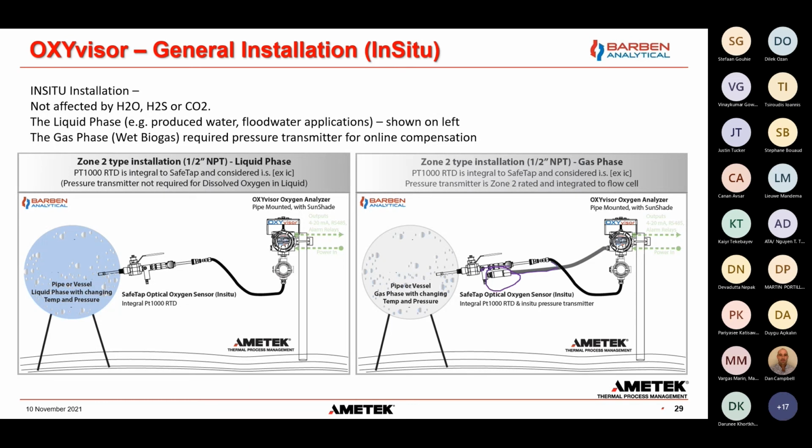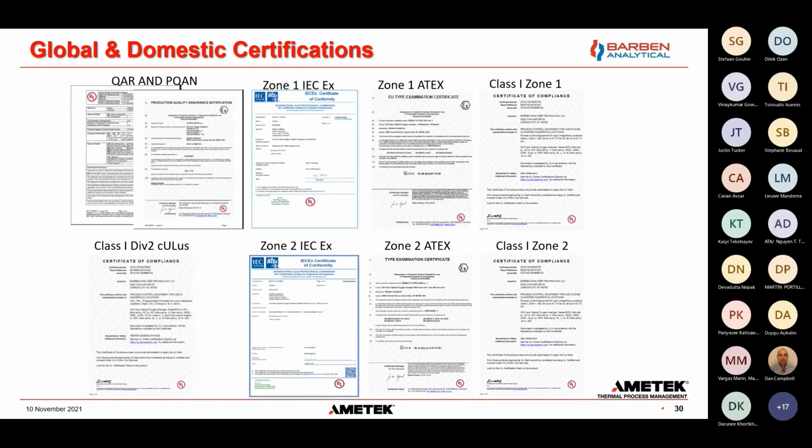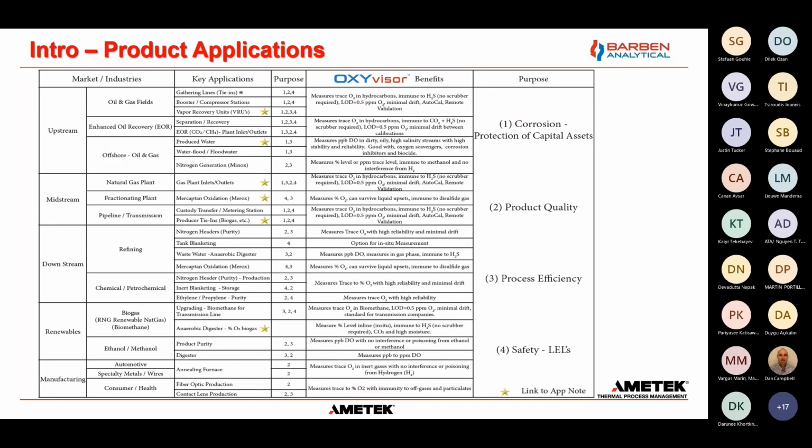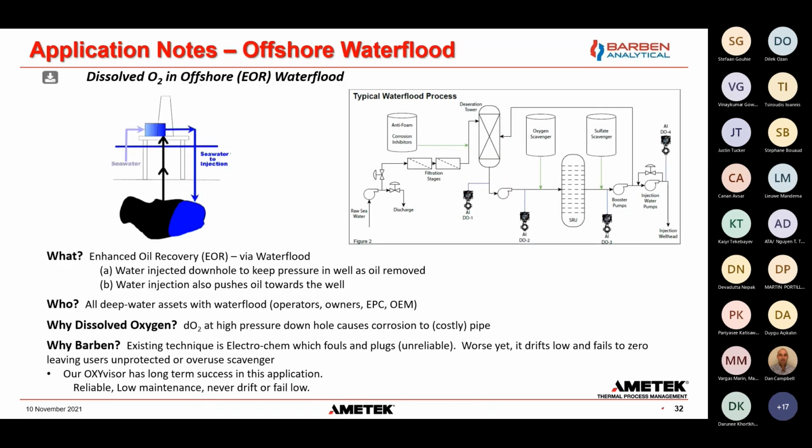The RTD is actually integral and goes into the tip with the oxygen sensor. This type of device can have all the proper ATEX IEC Zone 1 and Zone 2. Has a pretty good list of applications in the upstream, midstream, downstream, some manufacturing.